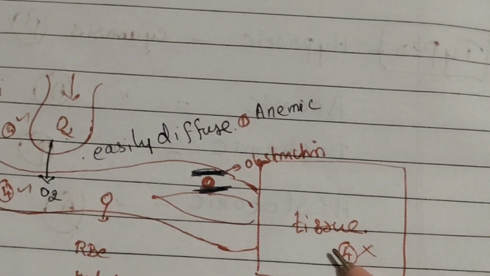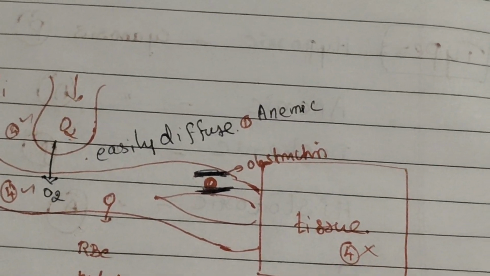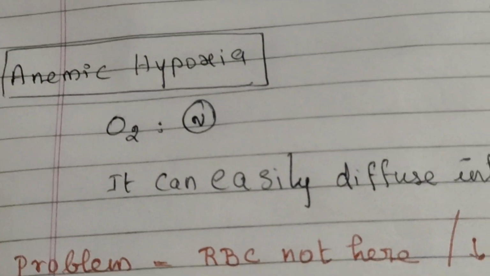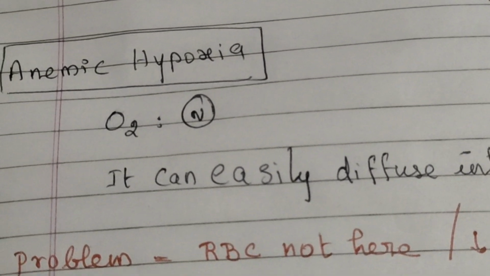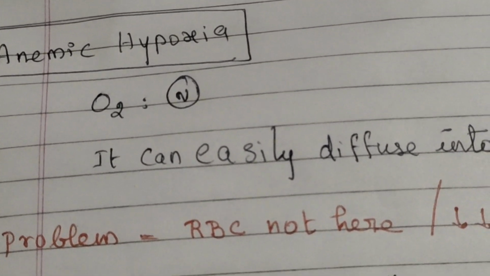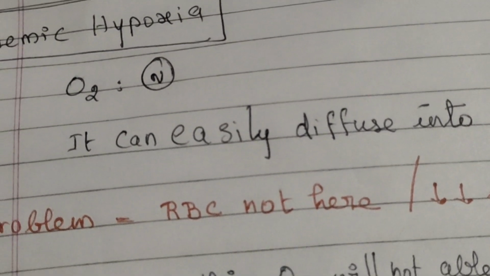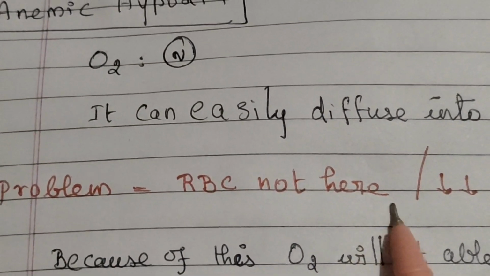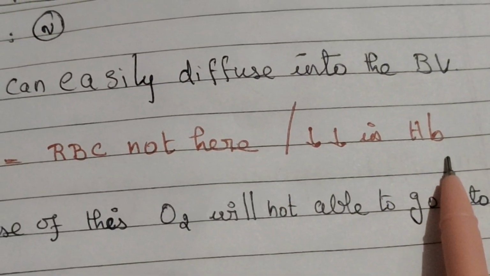This can be any type of anemia. So the second one is anemic hypoxia. Oxygen is normal and can easily diffuse into the blood vessels. The problem is either RBC is not there, or there is a decrease in hemoglobin.